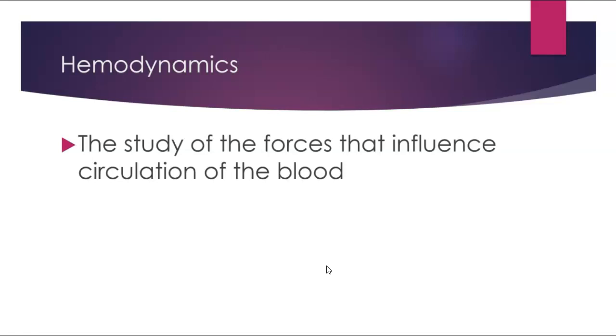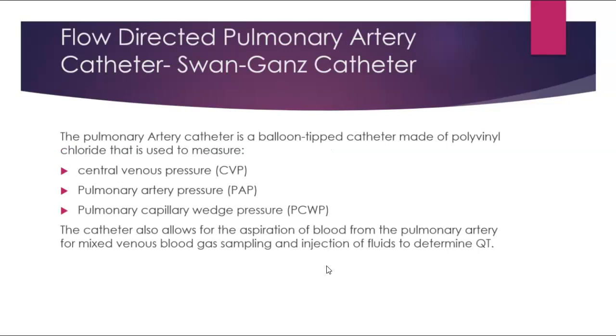But speaking about the invasive monitoring tools that we have and some of the values we get from that, we can put in a couple different types of catheters to monitor hemodynamic status invasively. One of the main catheters is called a pulmonary artery catheter.